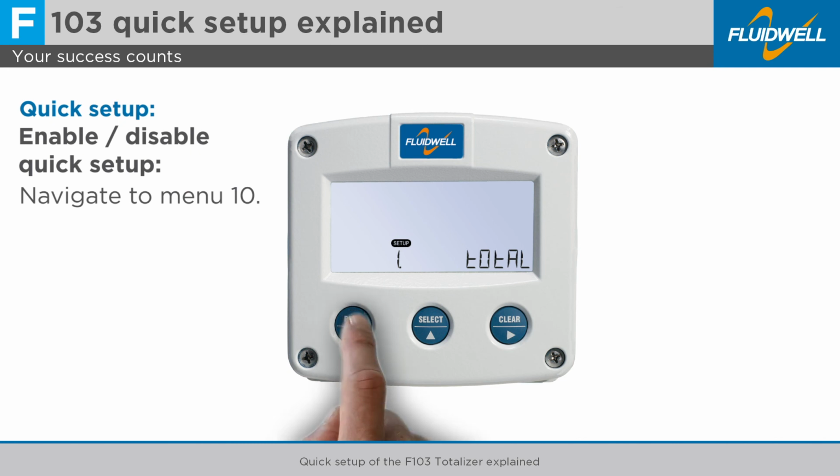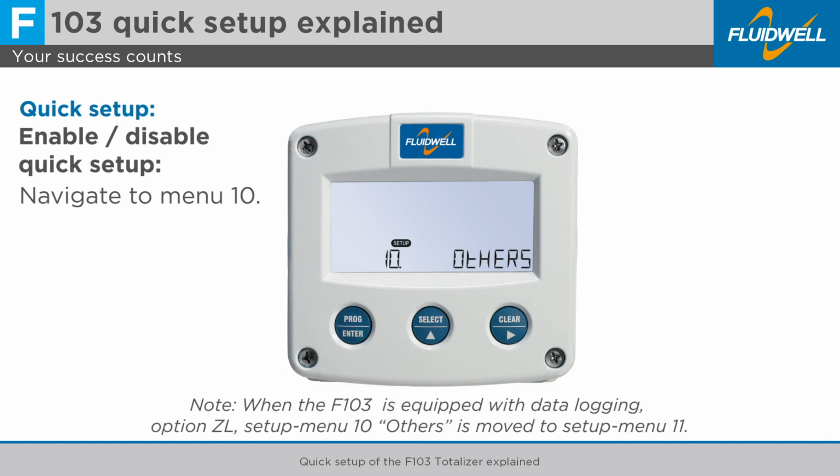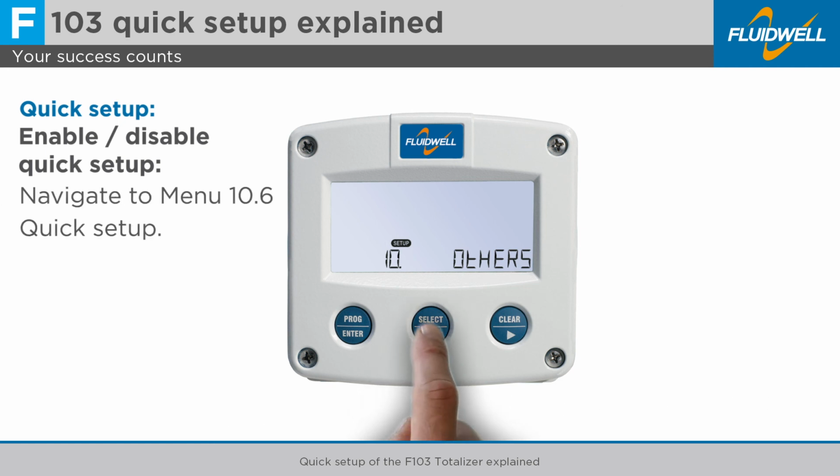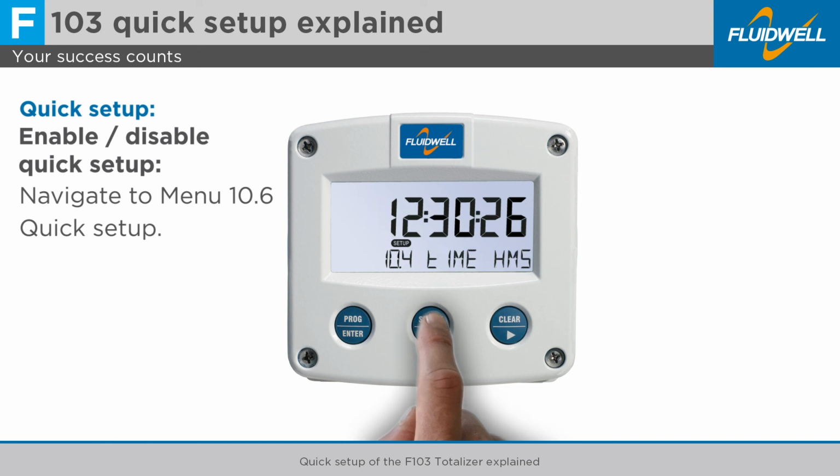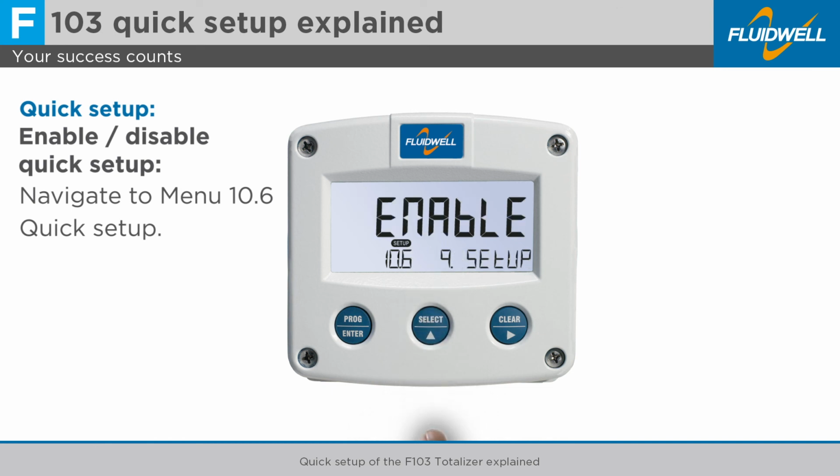Use Prog to navigate to Menu 10 or 11 Others. Note, when the F103 is equipped with data logging, option ZL, Setup Menu 10 Others is moved to Setup Menu 11. Use Select to go to Menu 10.6 or 11.6 Quick Setup.